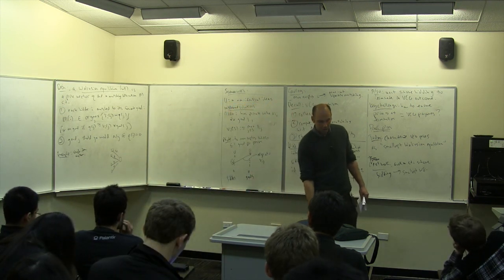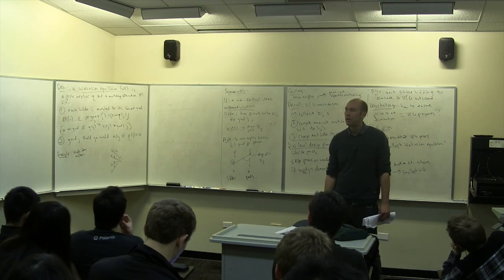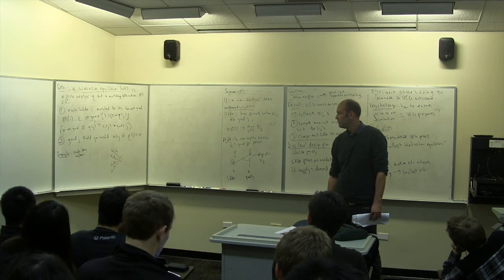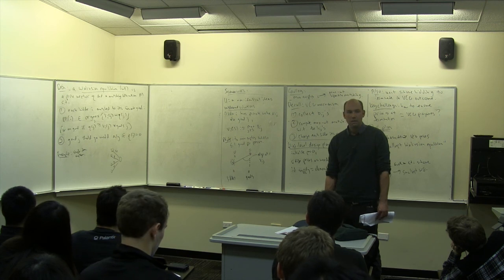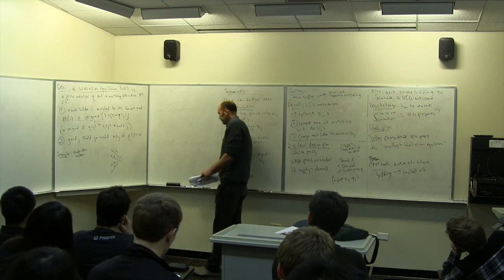So what are the prices that arise in Walrasian equilibria in this example? The interval 8 to 10. Yeah. Everyone agree? So it's not unique.